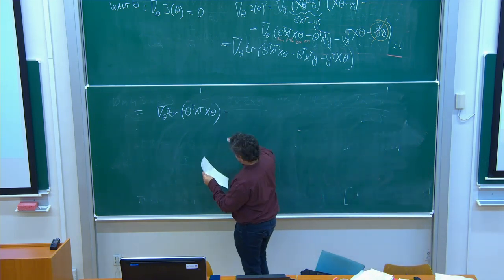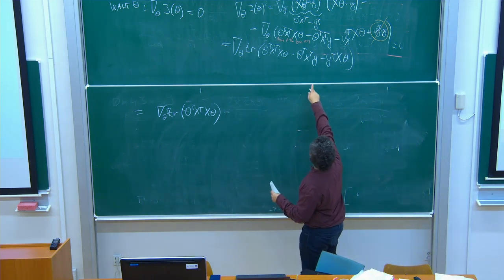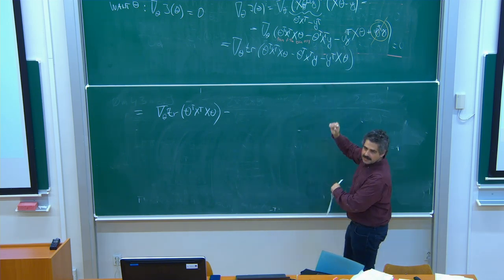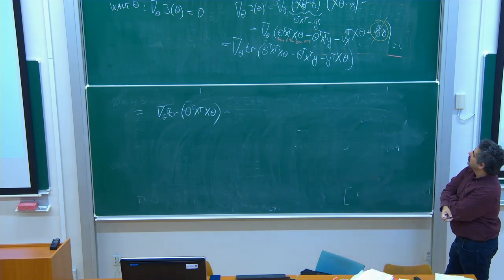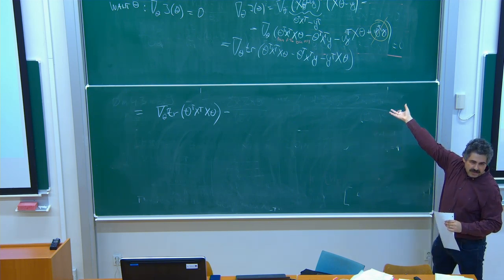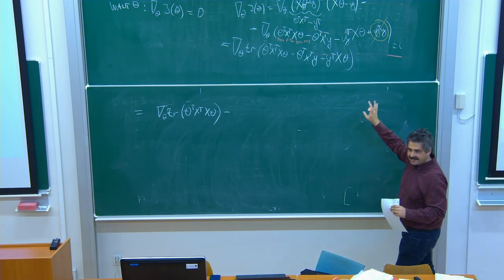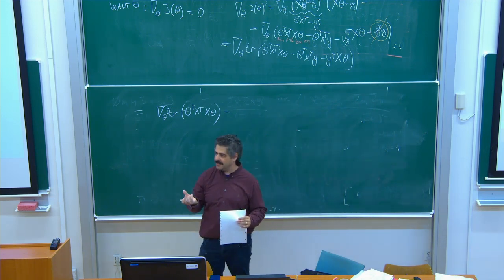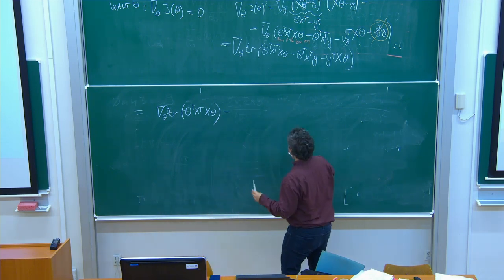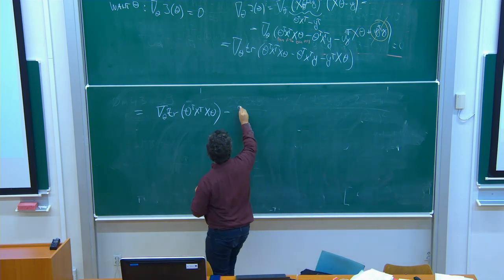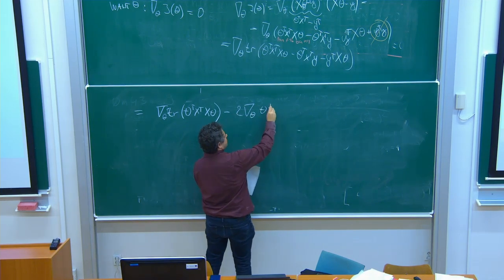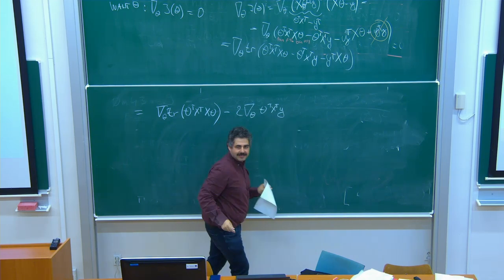And minus, and I claim that this number and this number are the same. Why is that? These are just two matrices 1 by 1 that are transposed. A 1 by 1 matrix that is transposed is the same thing. Okay, so we have minus 2 times gradient theta transpose X transpose y.